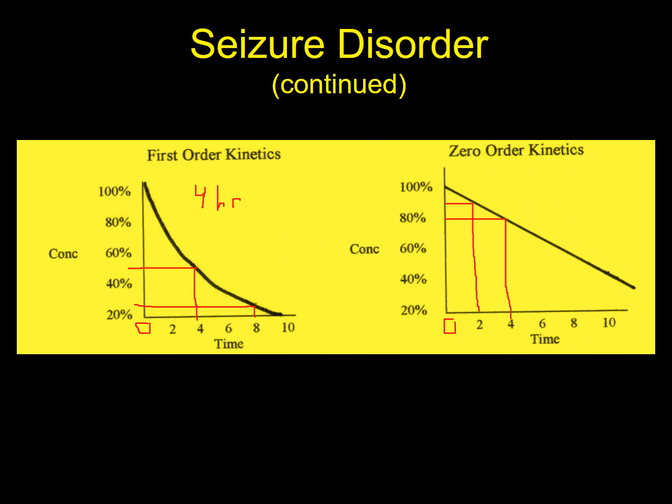So at 2 hours, they're down to 90%. In another 2 hours, they're down to 80%. In another 2 hours, they're down to 70%. Sorry, my lines aren't perfect. In another 2 hours, they're down to 60%, and so forth and so on.